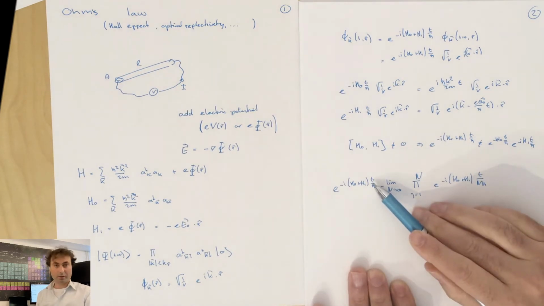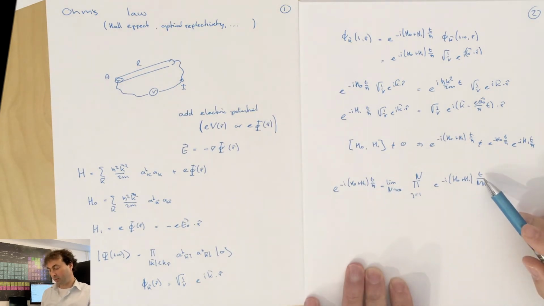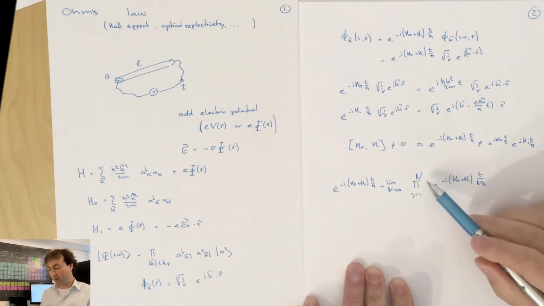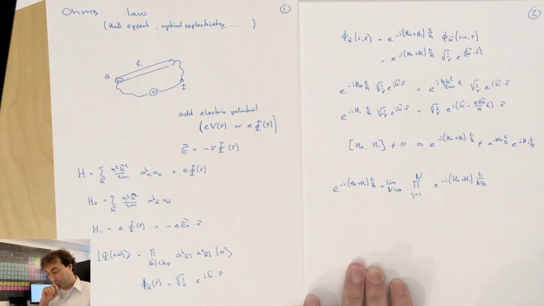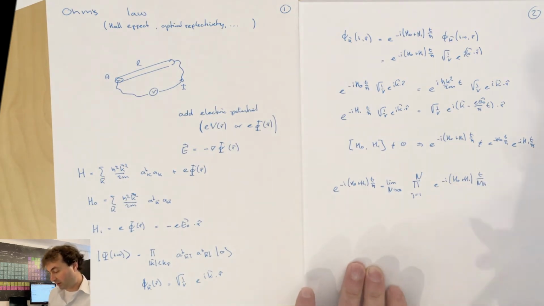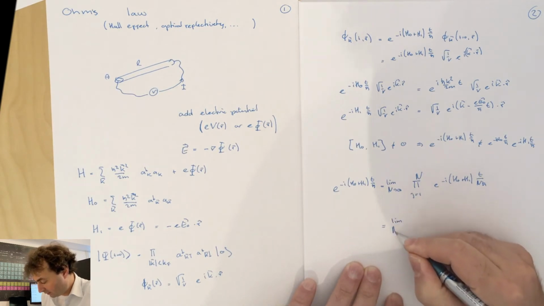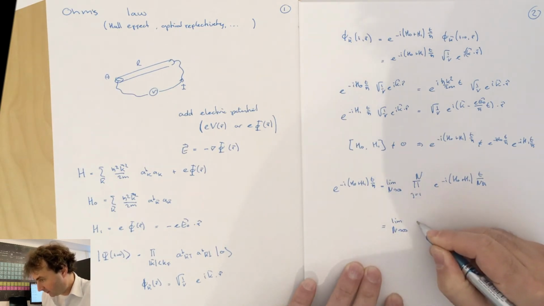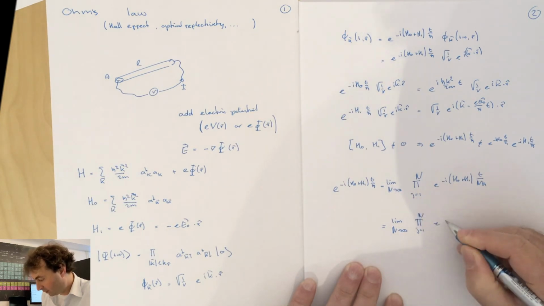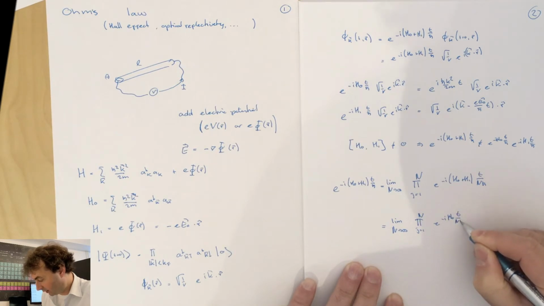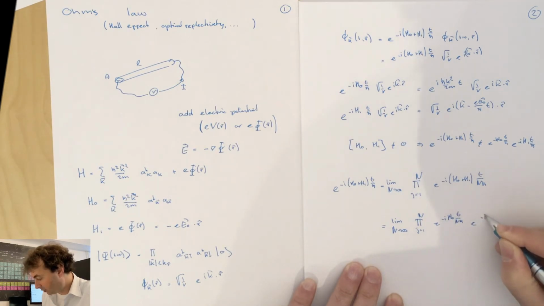So instead of a time evolution by time t, I make a time evolution of time t over n and repeat this n times. Now my exponent here is small, so I can factorize them. And this is limit n going to infinite product j is 1 to n e to the minus i h0 t over n h bar e to the minus i h1 t over n h bar.